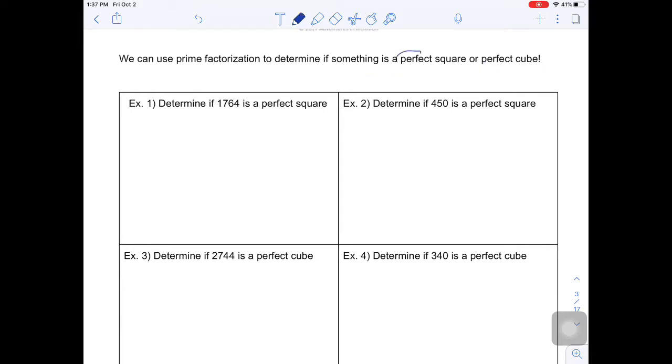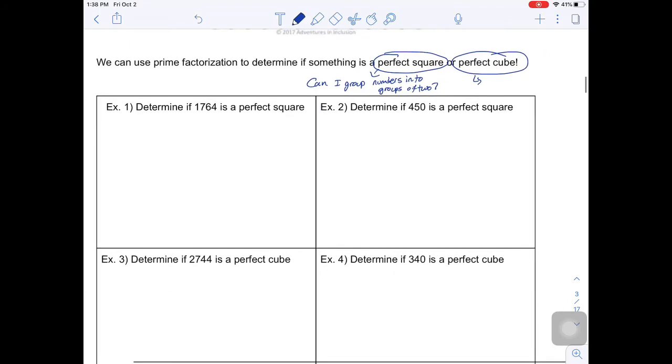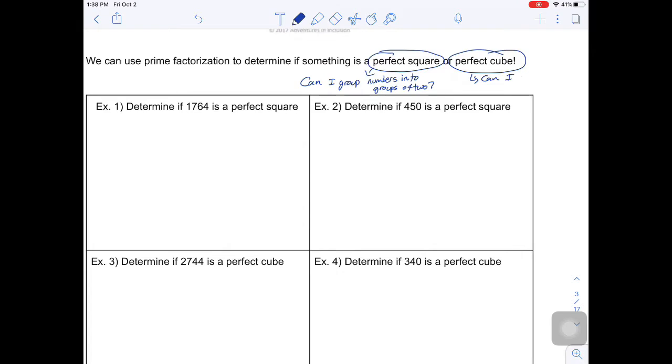When you're trying to figure out if something's a perfect square, ask: can I group the numbers into groups of 2? If you're doing a perfect cube, you're asking yourself, can I group them into groups of 3?